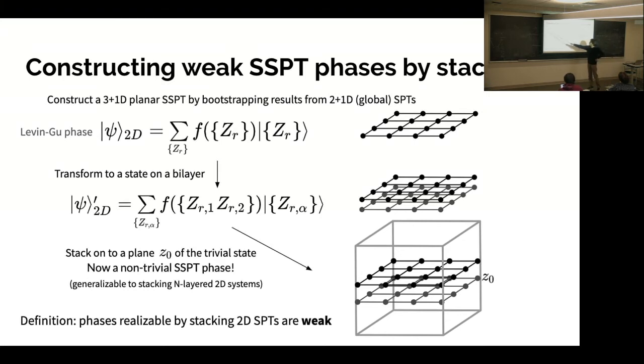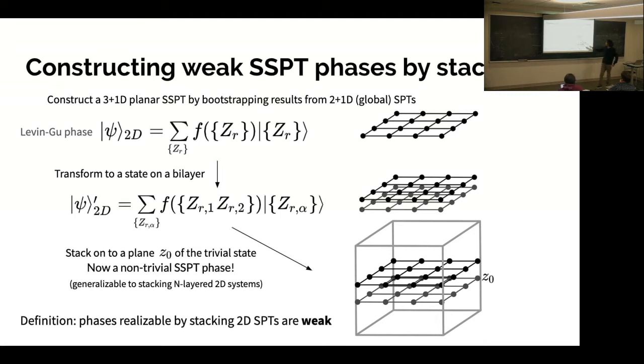For Z2, this would be the Levin-Gu phase, and it's written down as a wave function with a sum over all possible configurations of Z's and some amplitude in front of them. And you can always construct any phase in this form. You can even construct some exactly solvable ones where F is just a pure phase, and you can write down a commuting Hamiltonian that realizes this.